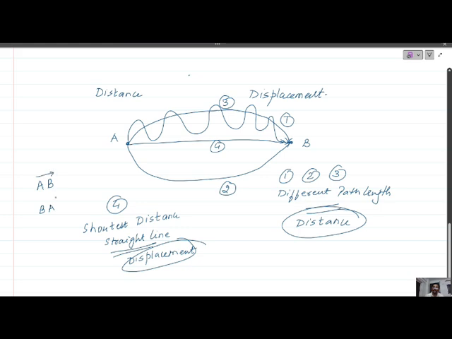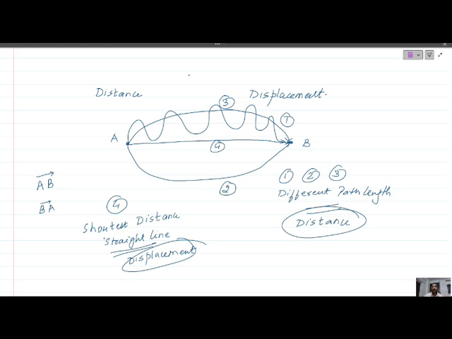So going from A to B, you have to mention a direction. Going from B to A, it involves a direction. Whereas distance has no directionality involved, displacement has a direction.